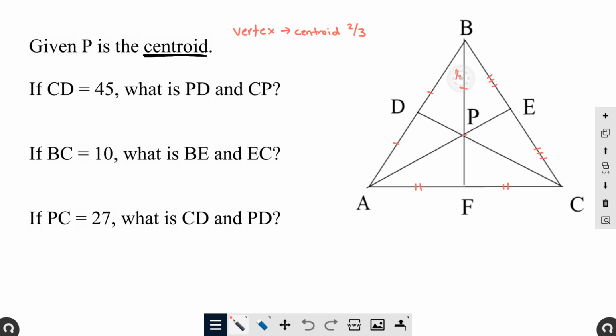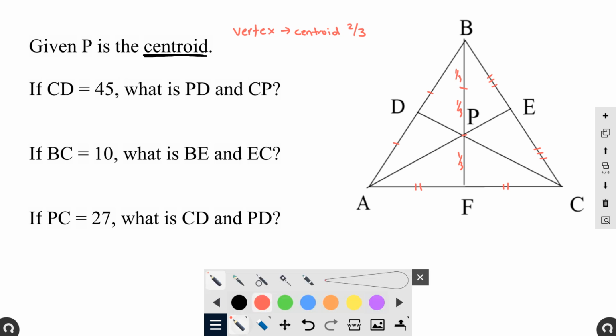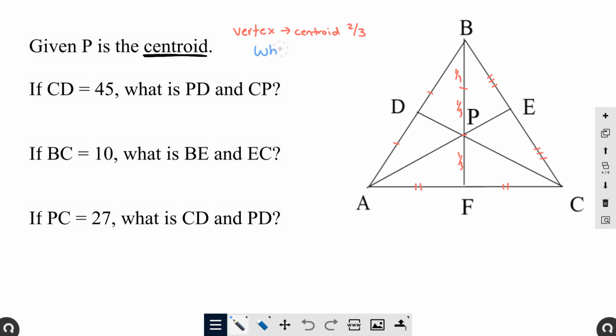So each part is 1/3. So if I know the distance of the whole line, I could split it into 3s. So one little formula you could use, if you have the whole thing, you could divide it by 3, and then that would give us a piece.